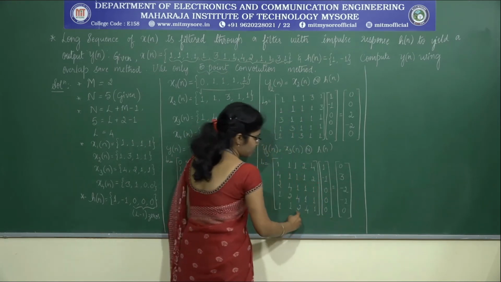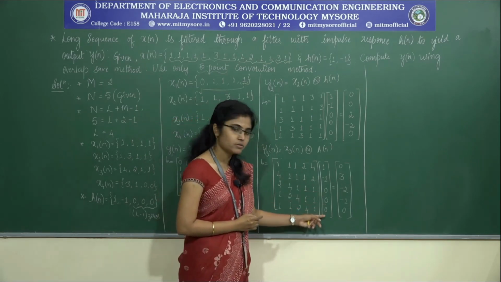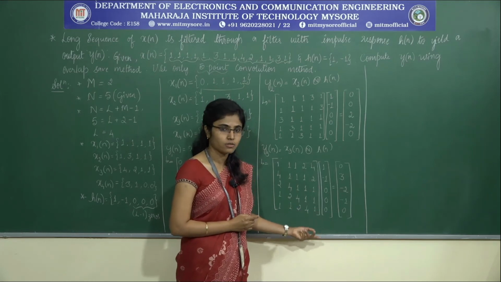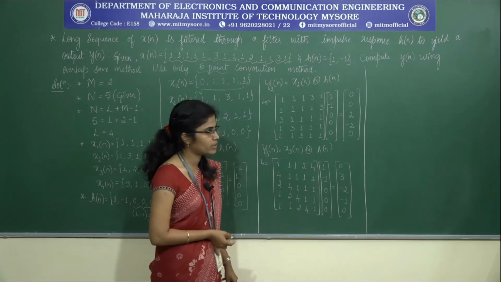So why am I not multiplying the rest of the 3 digits? Because here we have 0, and anything multiplied by 0 gives us 0, so I am just multiplying these two with this one. Okay. So this completes y3 of n.